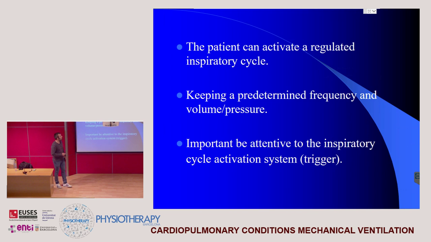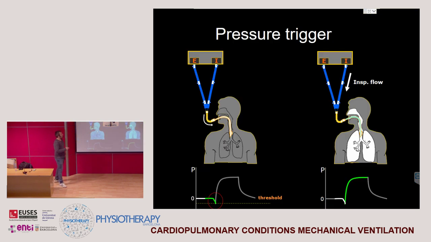But you have to set it. And how does that trigger work? We have two ways to perform that. Either the trigger is by pressure, or it is by flow, okay? The behavior of the system is more or less the same, but one of them will activate when there is a pressure variation, and the other one will be activated if there is a difference in the flow.